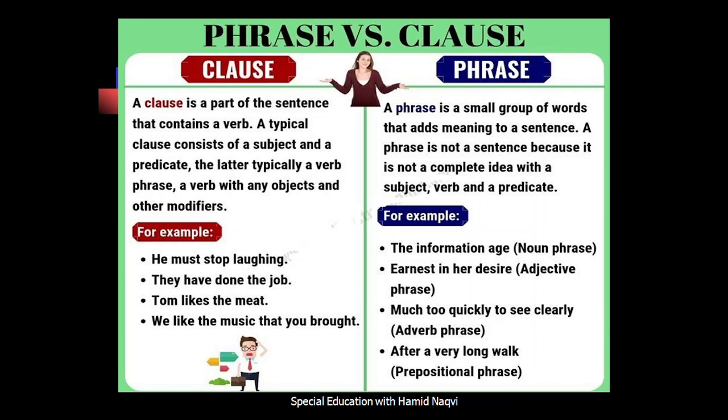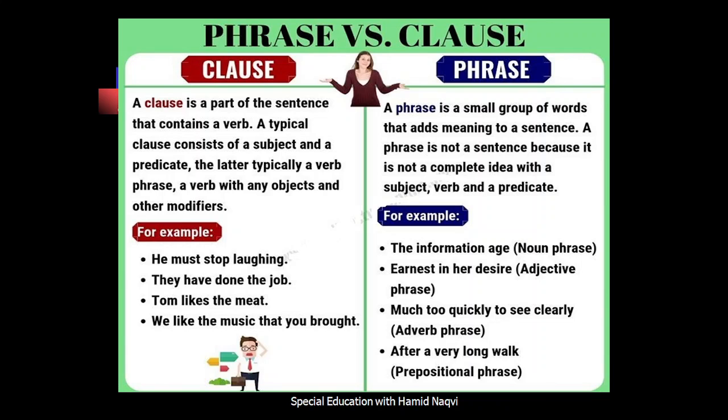A basic requirement for a sentence or a clause is that there should be a subject with a verb or a predicate. Whereas a phrase is a small group of words that adds meaning to a sentence, but it may not have a subject or a verb.